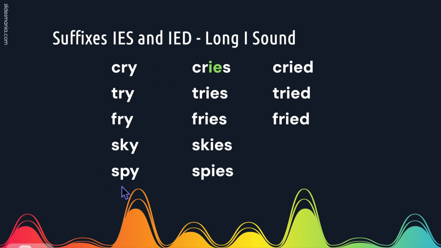So if your word is a short word that ends in Y, and the Y has a long I sound, then when you change the ending, the IE is also going to have the long I sound. For example, here we have the word cry. We change the spelling, the Y becomes an IE, but the sound is the same. So cry, cries, cried.